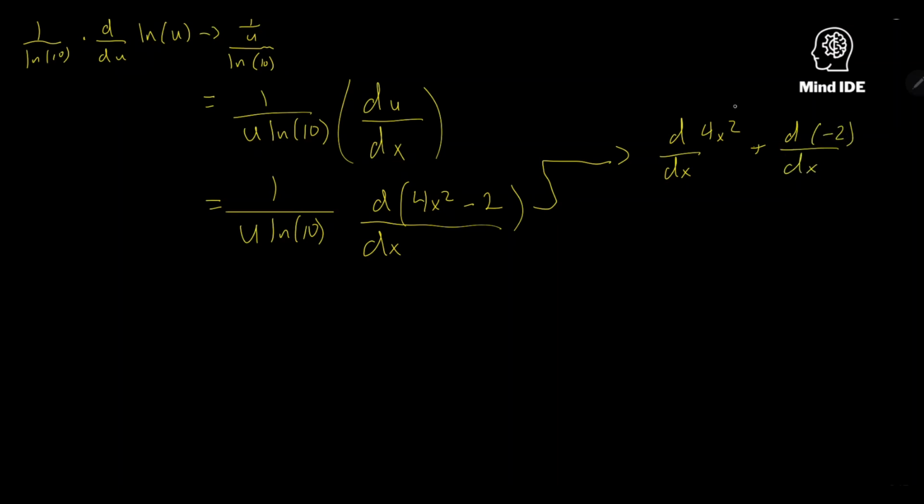So if you know how this works, you've got x to the n minus 1 times n, right?